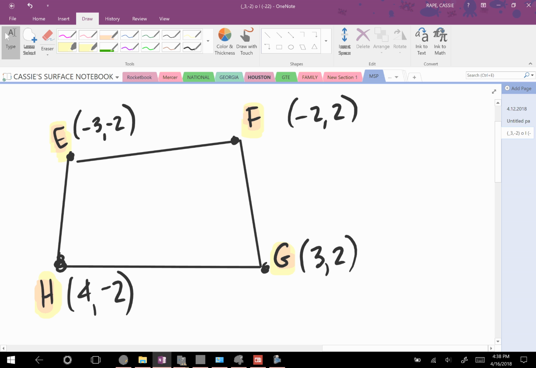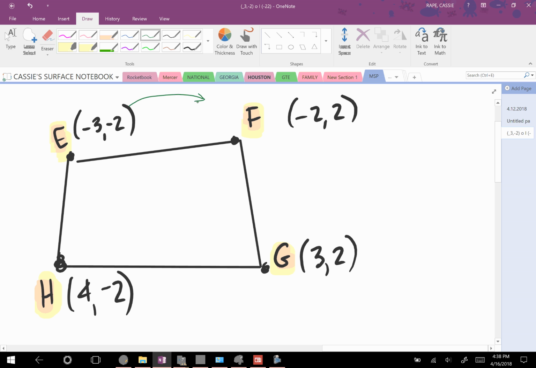So looking at this, you can see I made a crude model of it. I didn't graph it like I did on number 1, because I want to show you it's really not necessary to graph it as long as you know that you've written it correctly according to the order of the points. Okay, so I'm going to go from E to F and calculate the slope. Remember, the y's go on top.